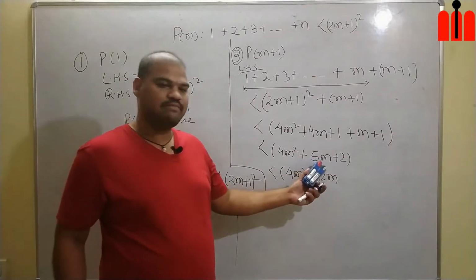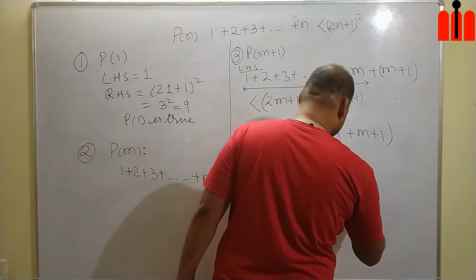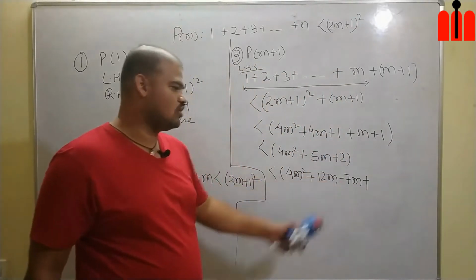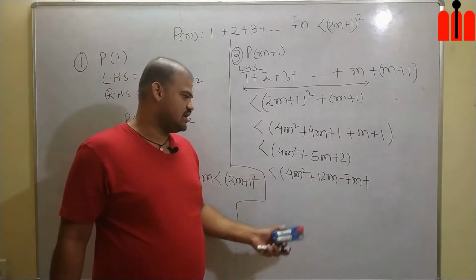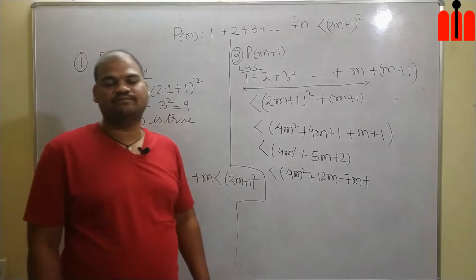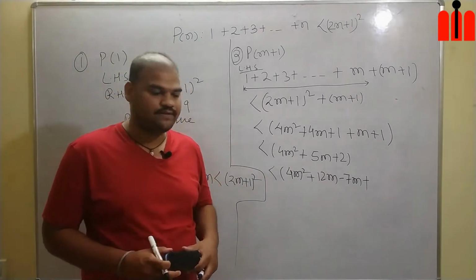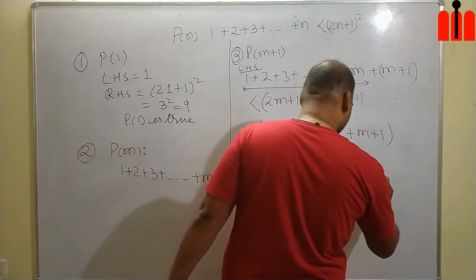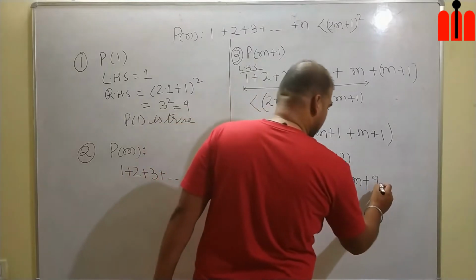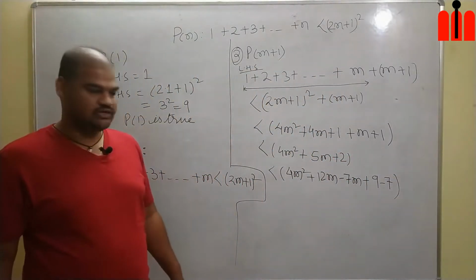Now here I am having 5m, so I will subtract 7m. So this m term is solved. The m² term is there, the m term is solved. Now let's see the constant term. In (2m+3)², what will be my constant? 9. So put 9 here. Here I am having 2, I will subtract 7. So we have solved the constant also.